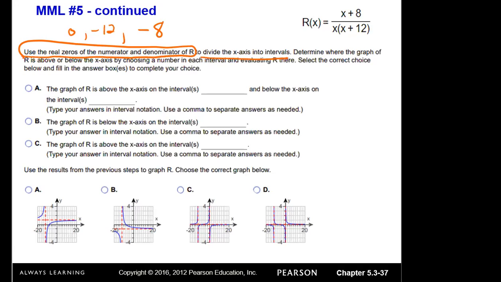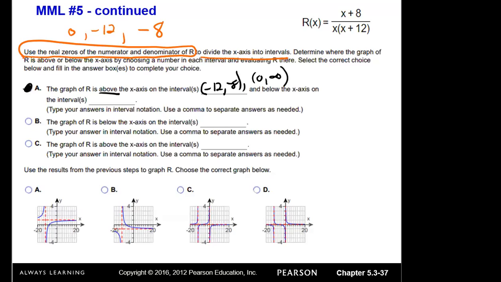So it's got to be choice A. And what I came up with was that the aboves were -12 to -8, and the other one that was above was 0 to infinity.